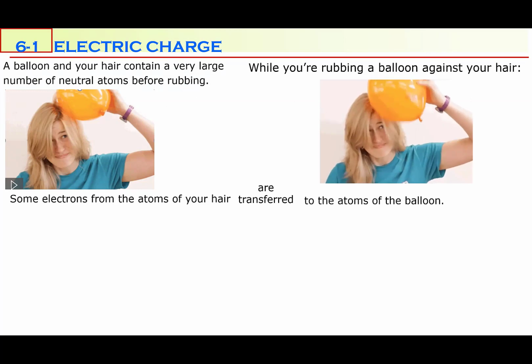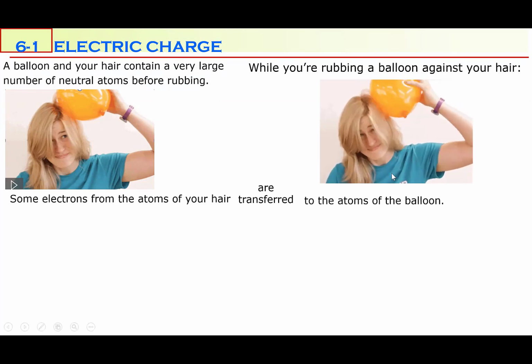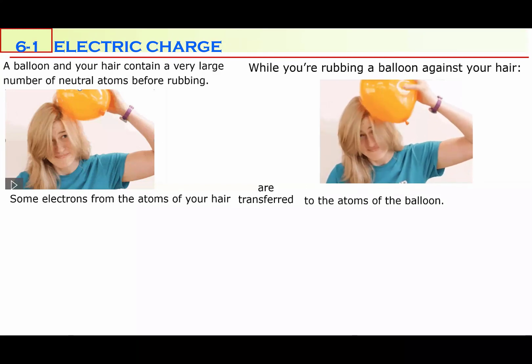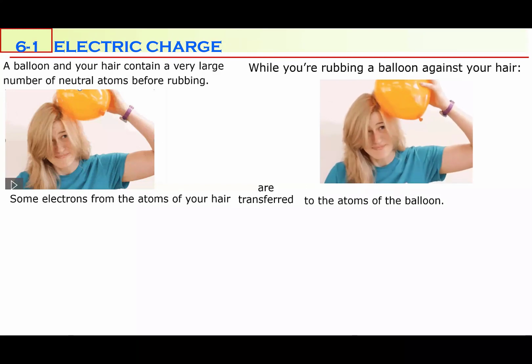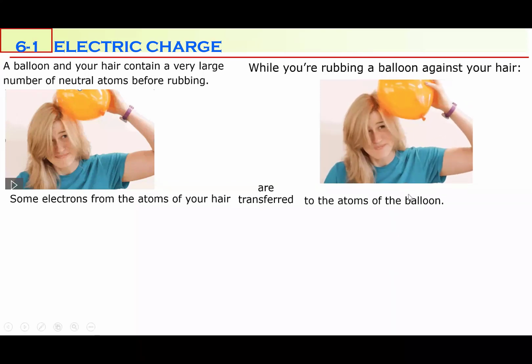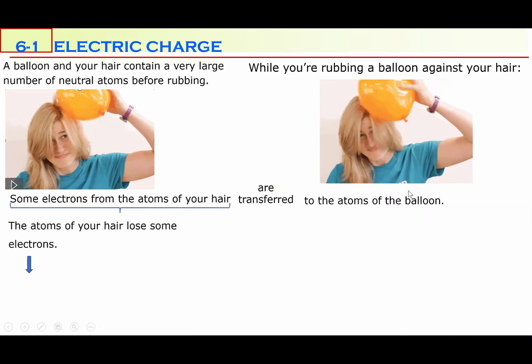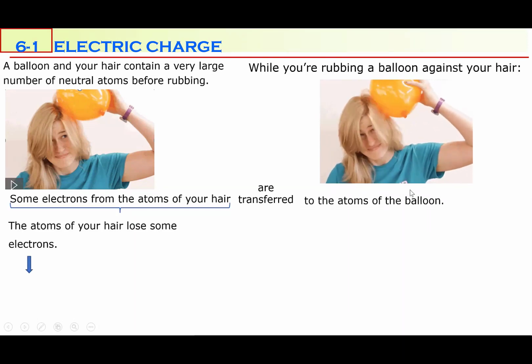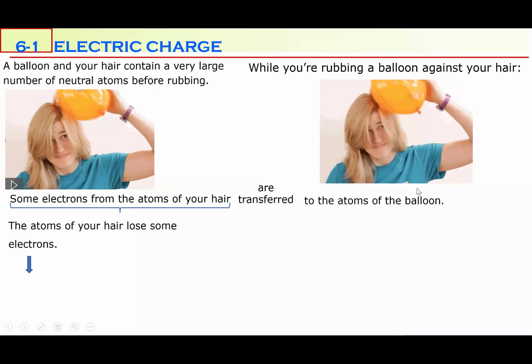While you are rubbing a balloon against your hair, some electrons are transferred from your hair to the balloon. Balloon gains electrons from your hair. Electrons in your hair leave your hair and go to the balloon. The atoms of your hair lose some electrons. If electrons are lost, what does it mean?